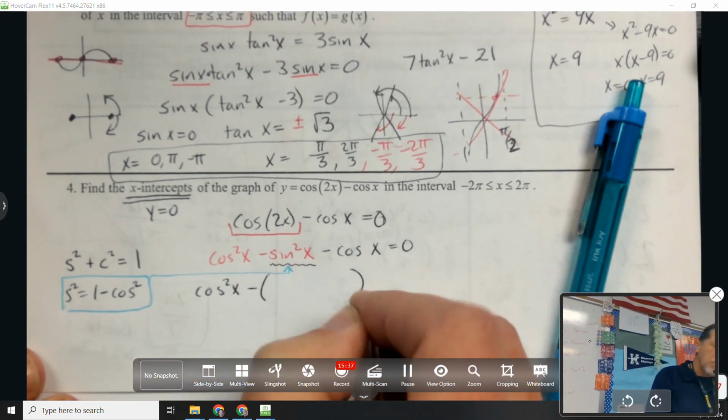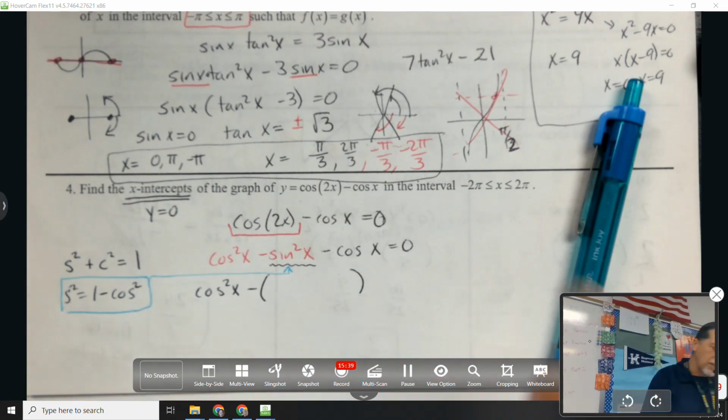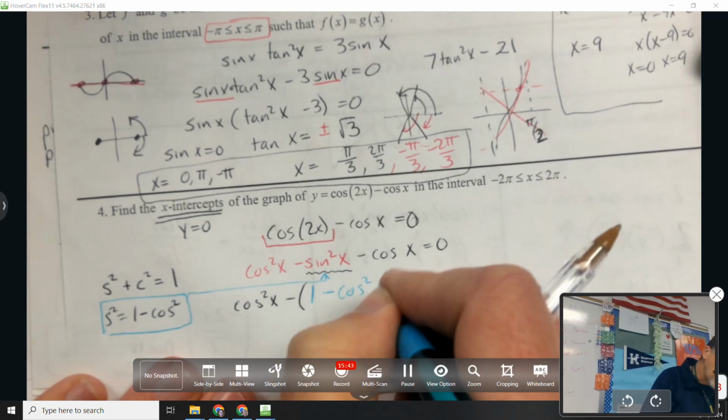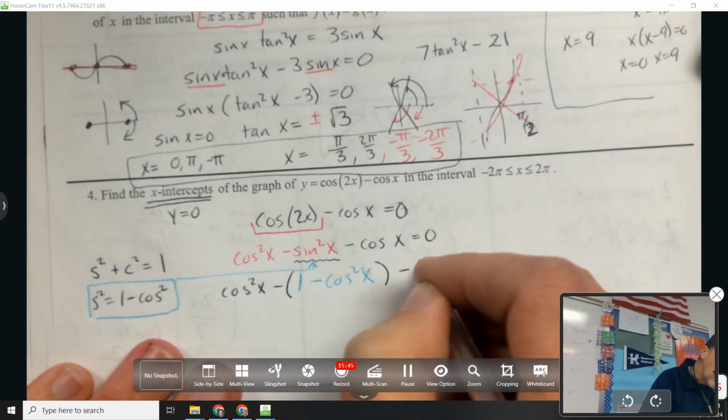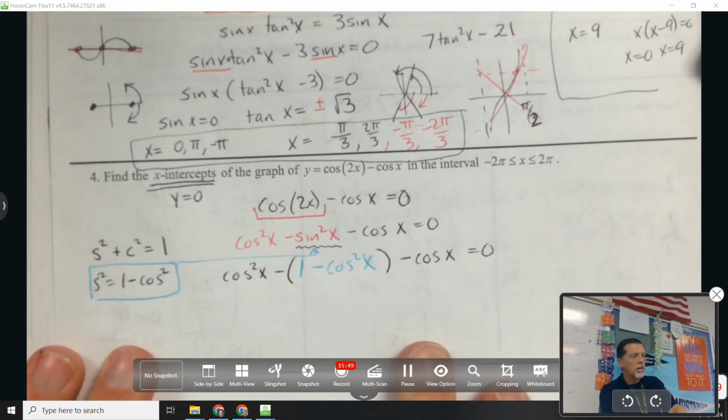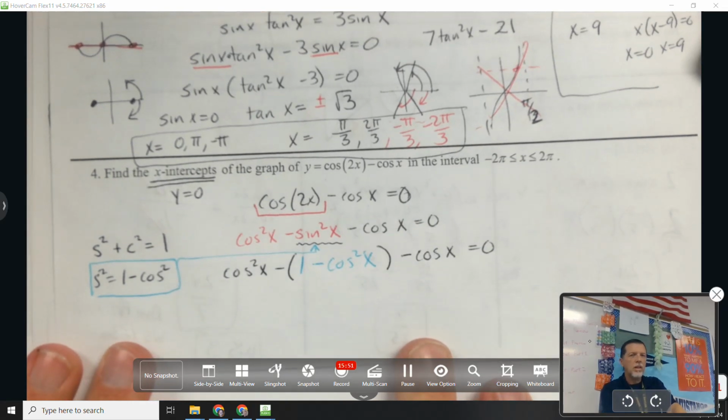Minus, but big parentheses, because we want to subtract all of this thing. 1 minus cosine squared x minus cosine of x equals 0. Okay, I have everybody in terms of cosine. I only have x as an argument. The 2x isn't there anymore.